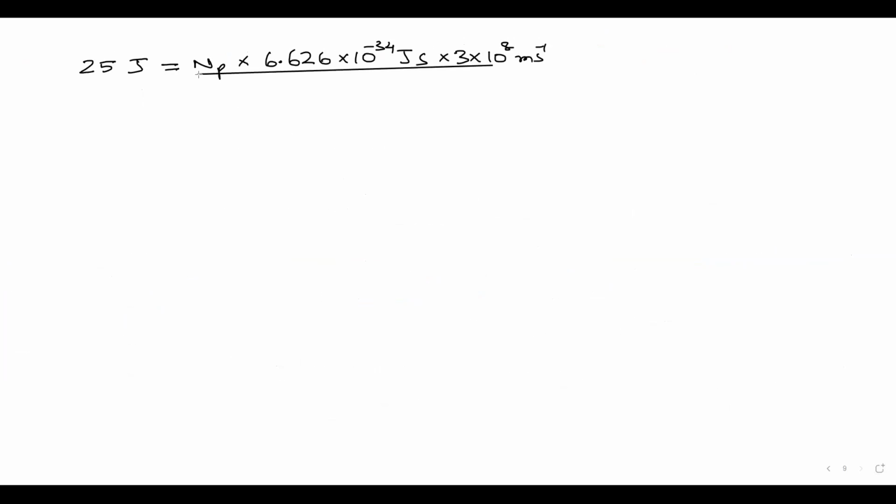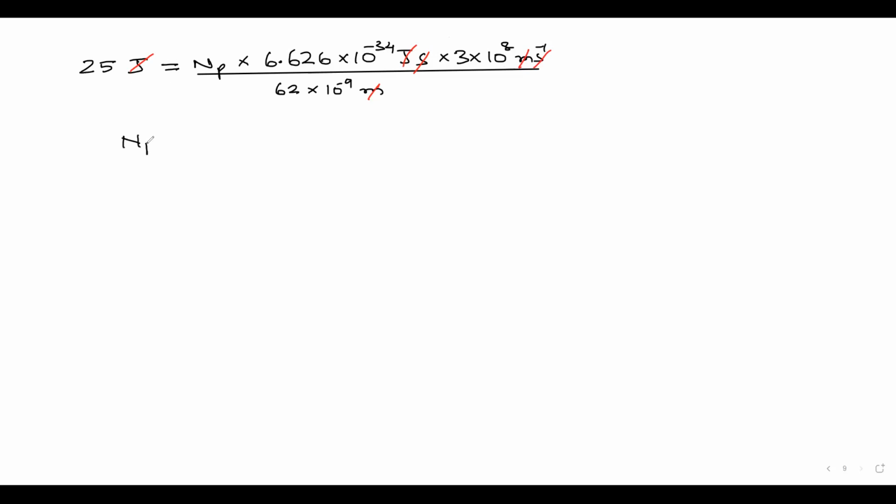This whole thing is divided by 62 into 10 to the power minus 9 meters. Now the meters will cancel out, the second inverse and the second will cancel out, and the joule from this side and the joule from this side will cancel out. Now as you can see, we have cancelled out all of the units and we will get a pure number. So yes, our unit is also right, the answer will be unitless.